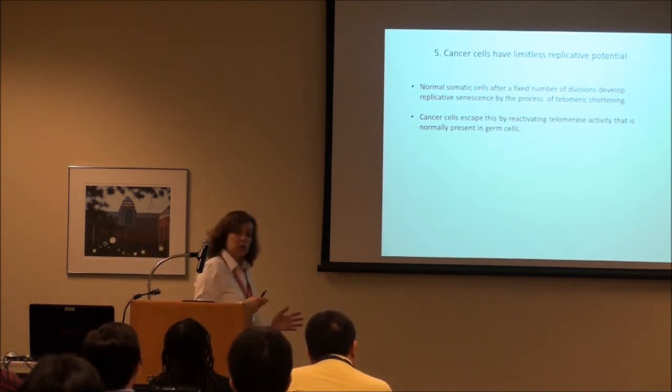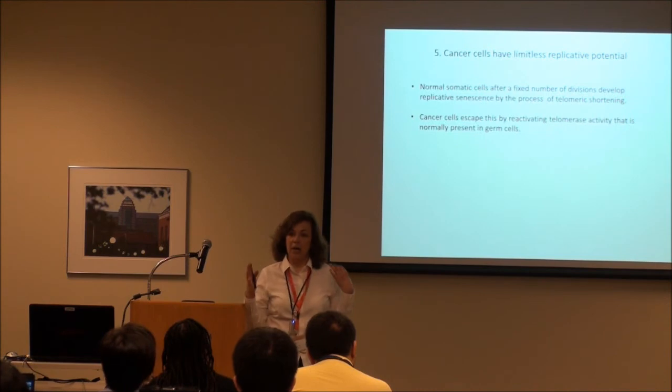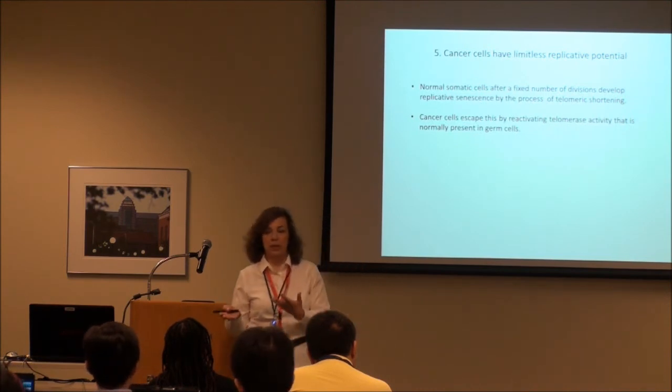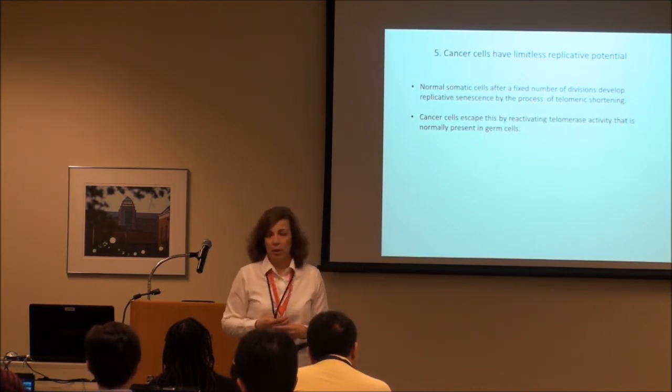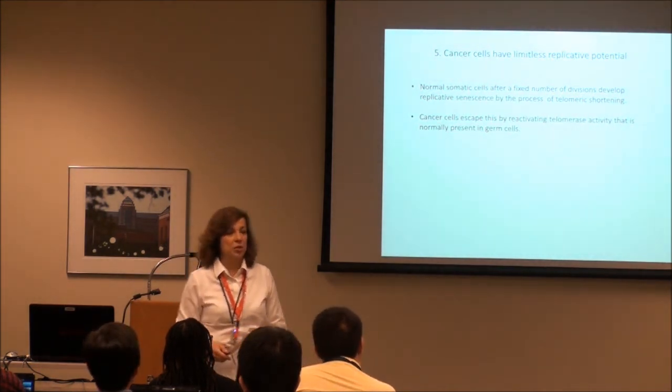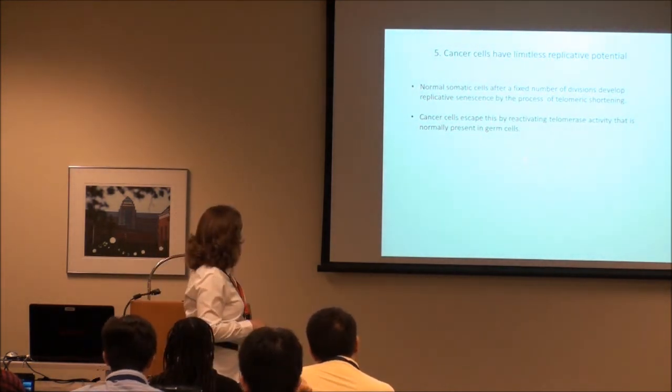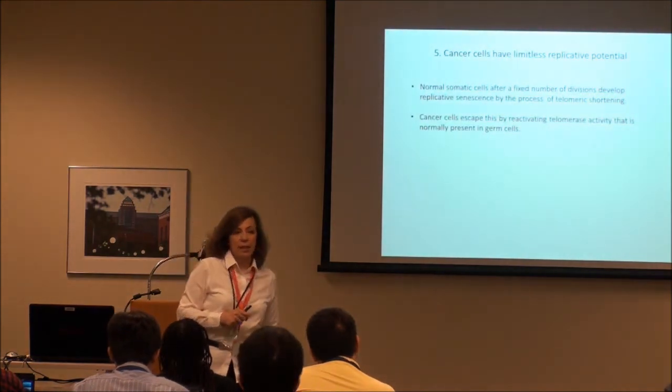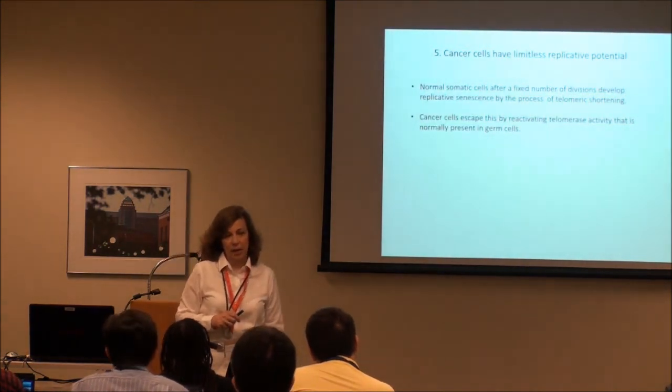I told you that normal cells in your body have a certain limited number of replications, right? Depending on the type of the cell, it's between 20 and 40, I think, replications, then it stops. But that's not the case with cancer cells.